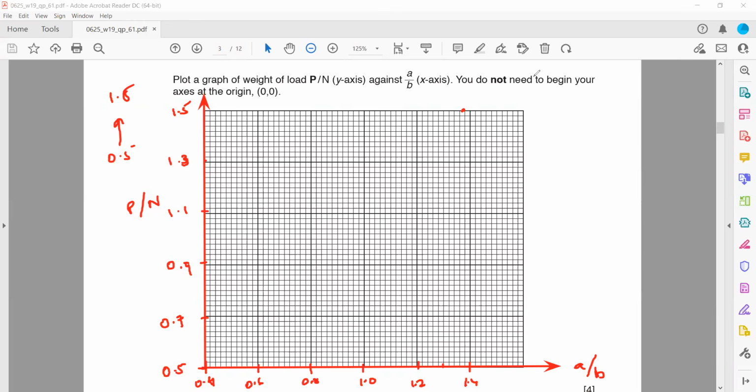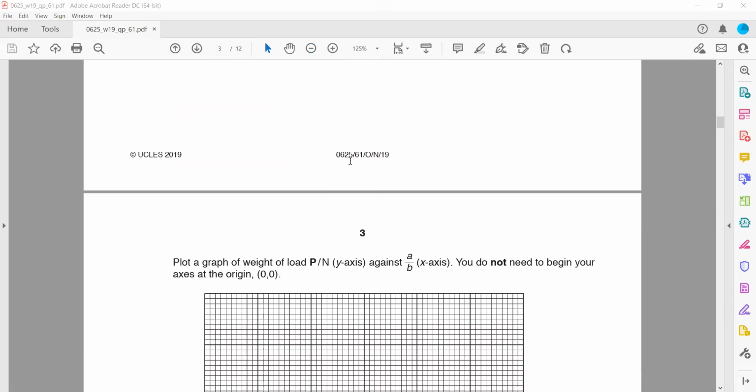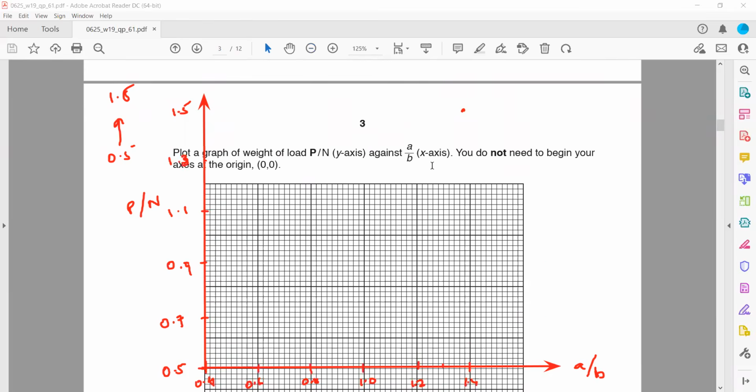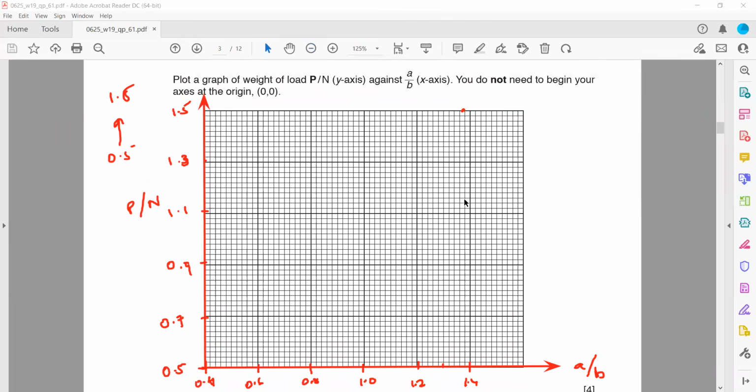Then the second point is 1.2 and 1.13. Each box is representing 0.02 here. So 1.12, 1.14, 1.16, 1.18, and 1.2.